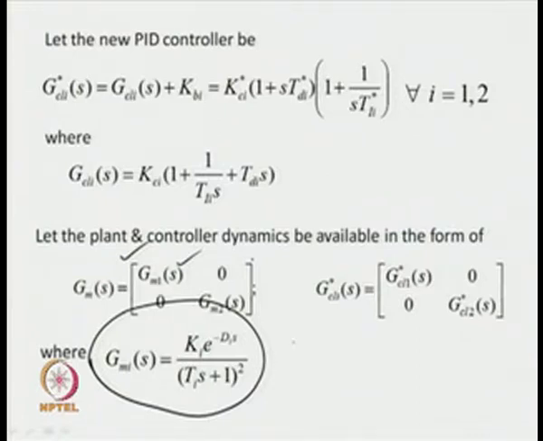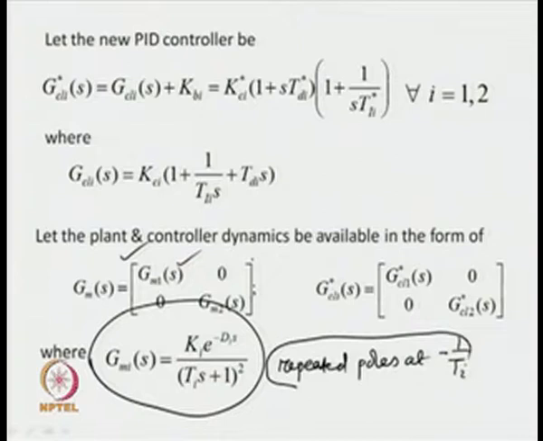The plant dynamics is assumed to have repeated poles at minus 1 upon Ti. So, we have got repeated poles for the plant dynamics.